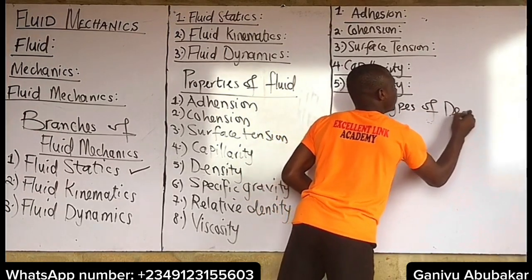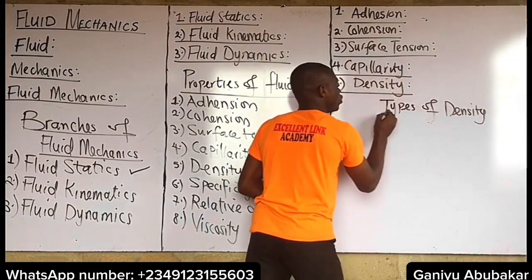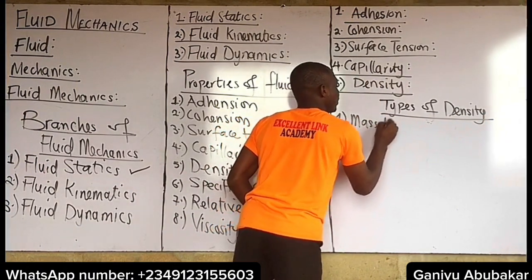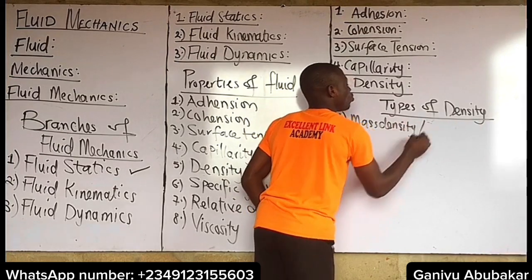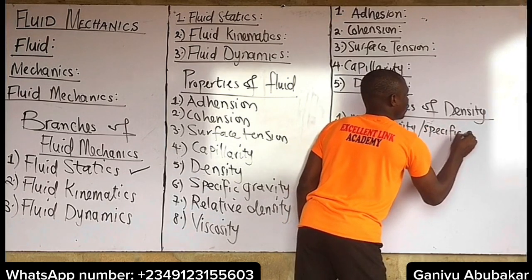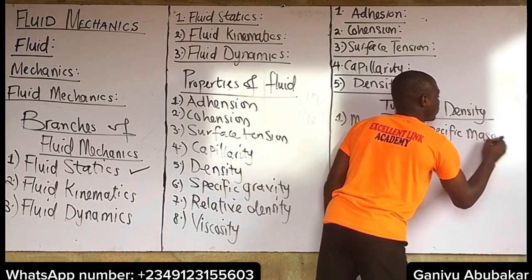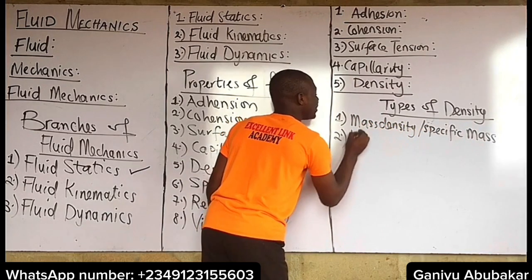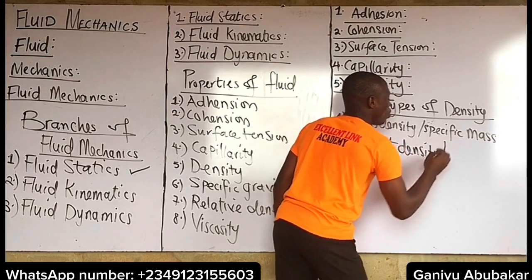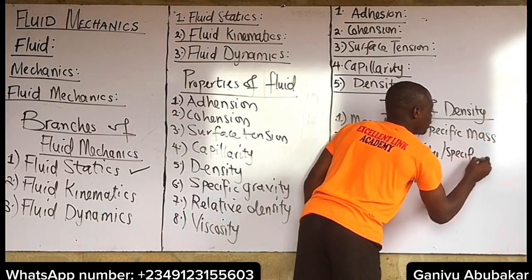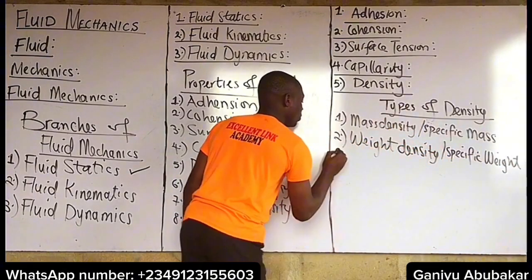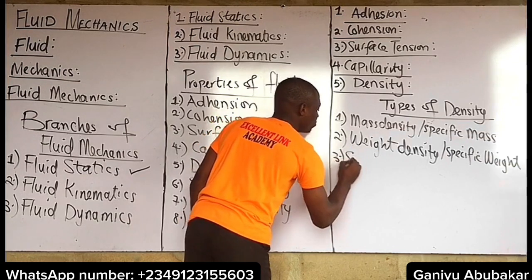Number 1, we have the mass density, also called specific mass. Number 2, we have the weight density, also called specific weight. Finally, we have specific volume.